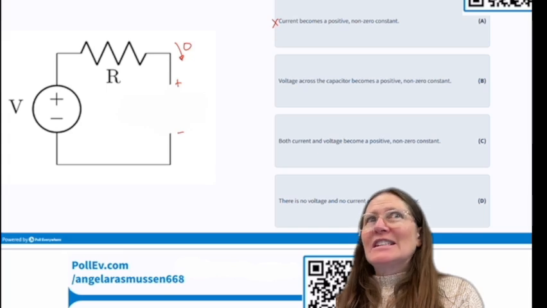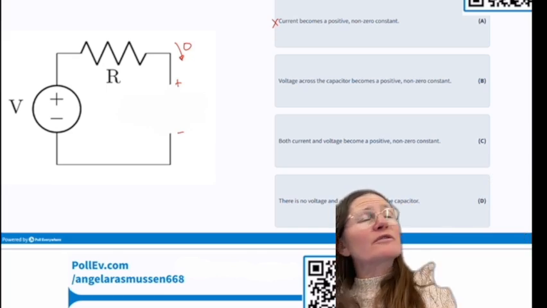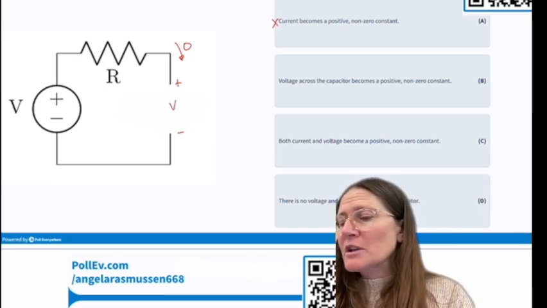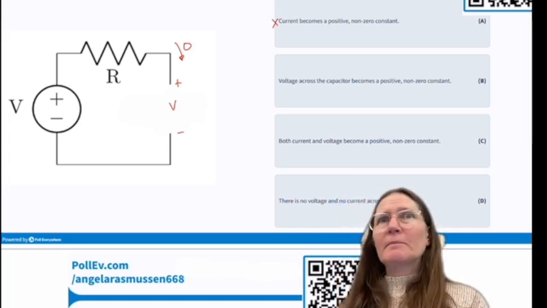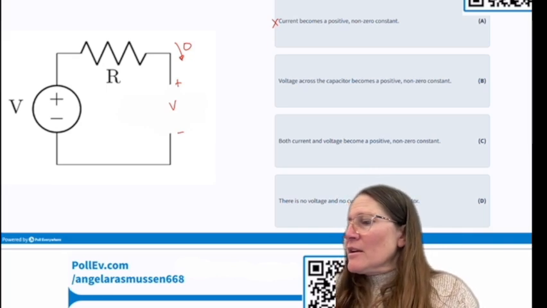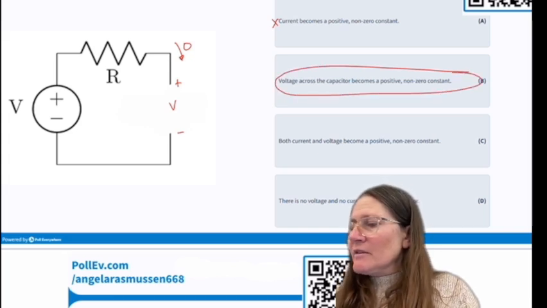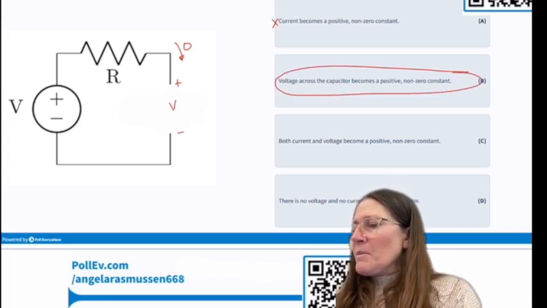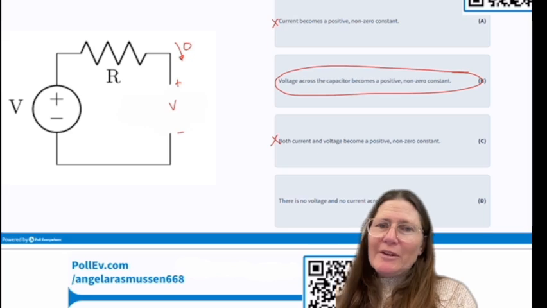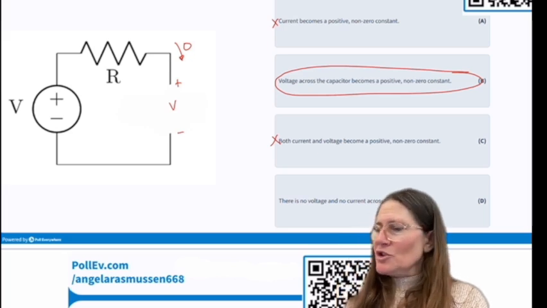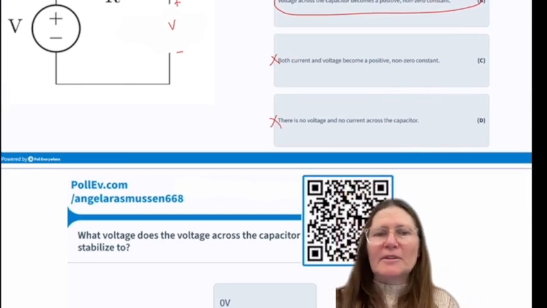Yes, because you have no drop across R because there's no current, but there's still the fixed voltage. So this voltage will be V also, right? Between the plus and the minus side. So there is voltage across it. C is no, because you can't have both current and voltage becoming positive when there's no current, but there is voltage. And D is not true either. There's no voltage and no current across the capacitor.